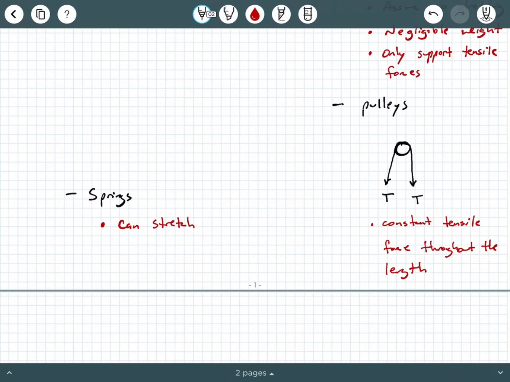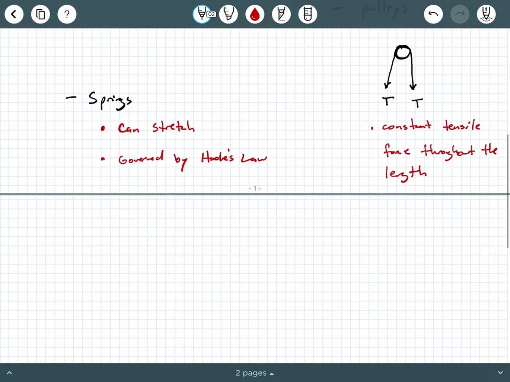Stretch. Now, how do they stretch? Well, the stretch is governed by Hooke's law. Now, you may remember Hooke's law from a physics class. What does Hooke's law state?